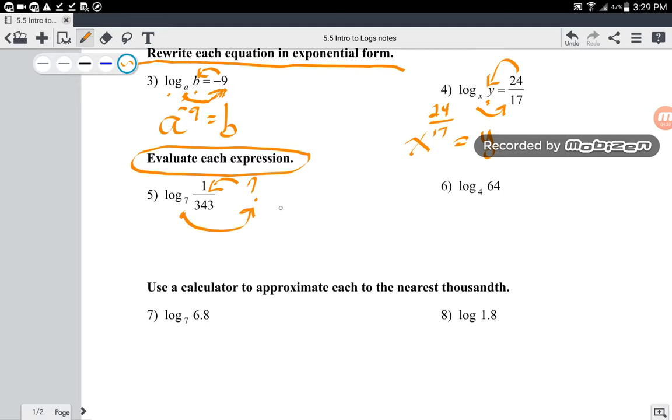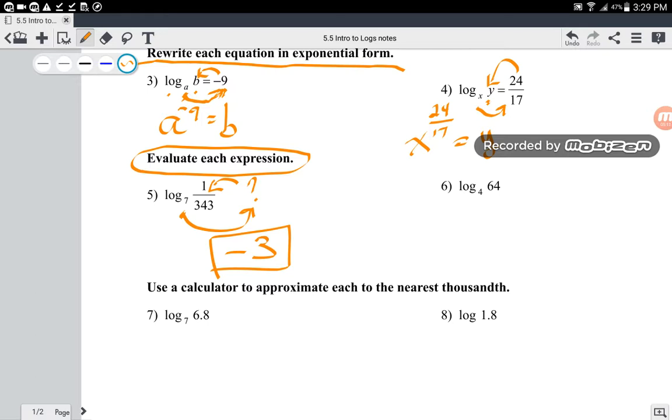And if you have your degree chart for exponentials with the different numbers to the different powers, all this will simplify down into negative 3. 7 to the negative third power equals 1 over 343. So this log base 7 of 1 over 343 just evaluates down into one number, negative 3.